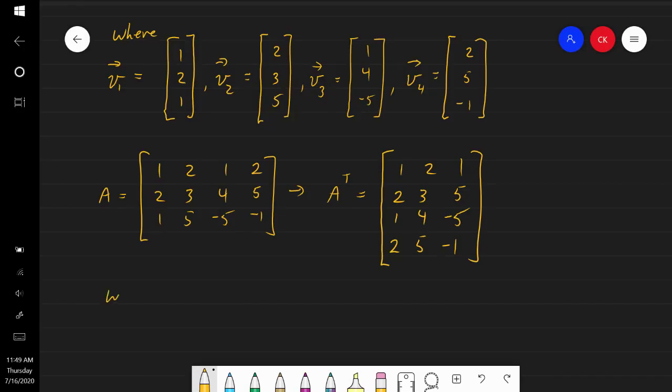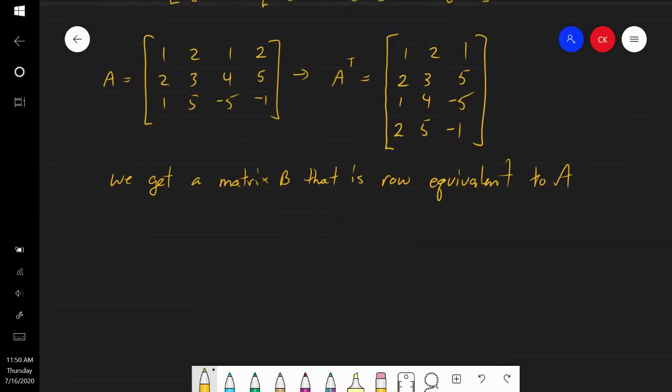So we get a new matrix B that is row equivalent to A transpose, and that's going to look like this.